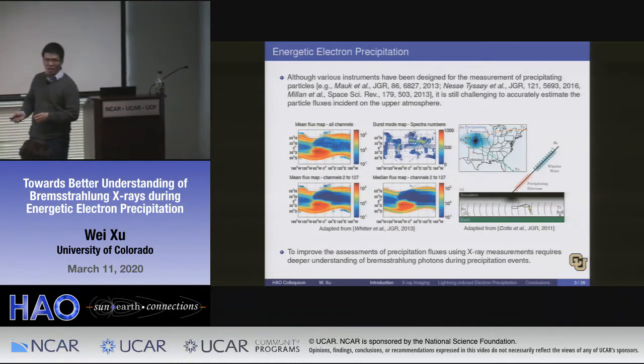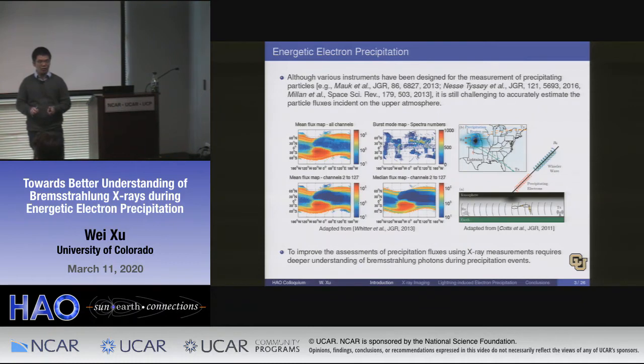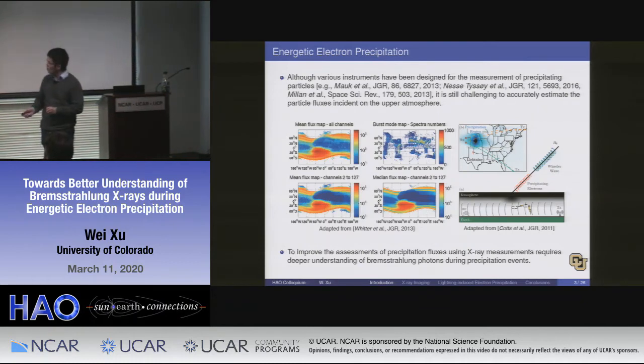And this enhancement can be detected using VLF receivers at ground level, but the flux and energy distribution of source precipitating electrons cannot be retrieved using the change in the VLF amplitude and phase.